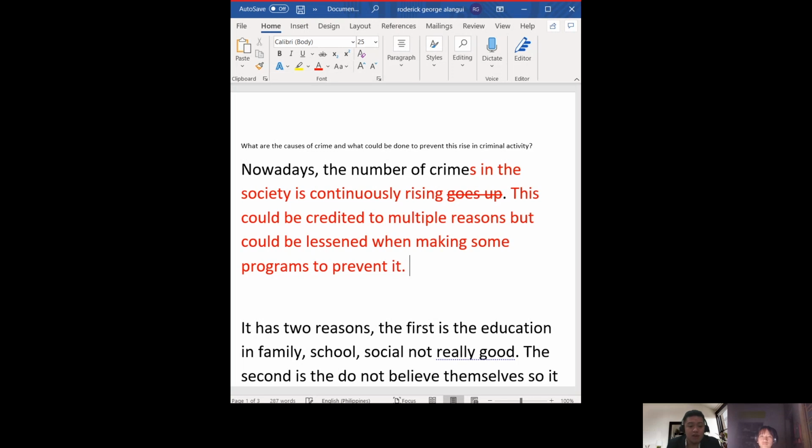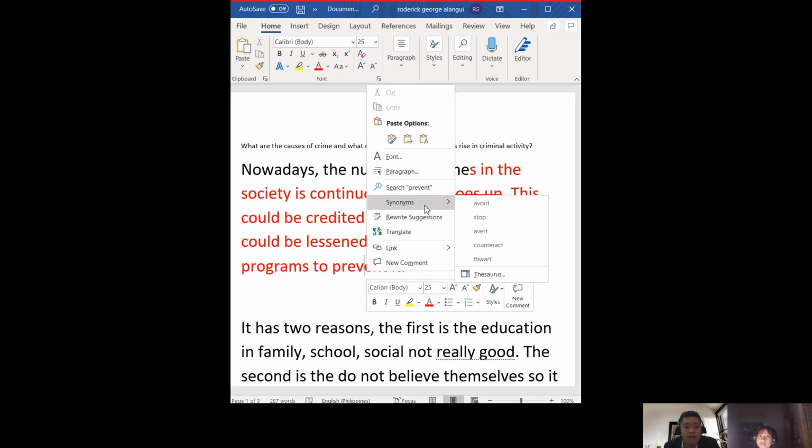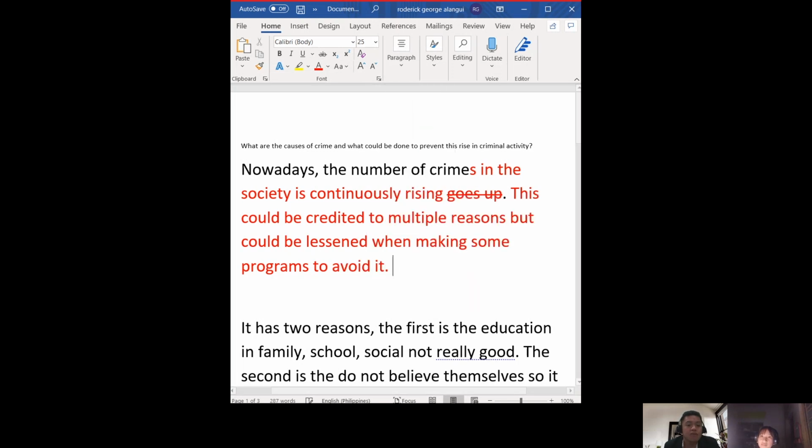What are the other words for prevent? Stop. Correct. To avoid it. Okay, so nowadays the number of crimes in the society is continuously rising. This could be credited to multiple reasons, but could be lessened when making some programs to avoid it.